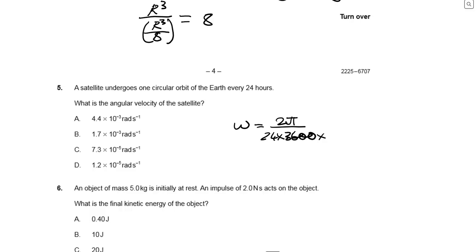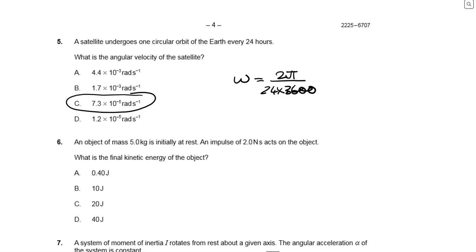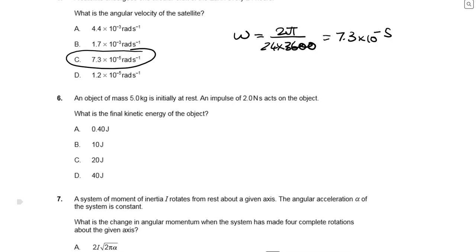So I'll just bring my calculator, and we get 2 pi divided by 24 times 3600, and that is 7.3. You guys can calculate that on your own, and you should get around this much, right? 7.3 times 10 to the negative 5. And so our answer is C.